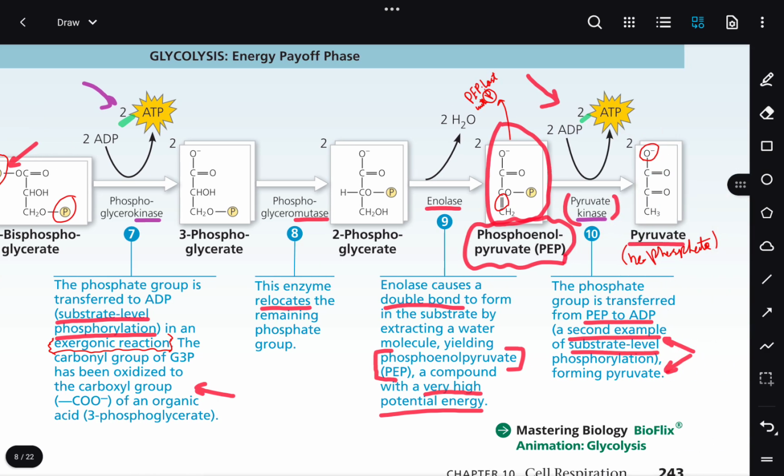Why will it do that? In order to strengthen the bonds and make sure that no H's are lost and only the phosphate will be lost.